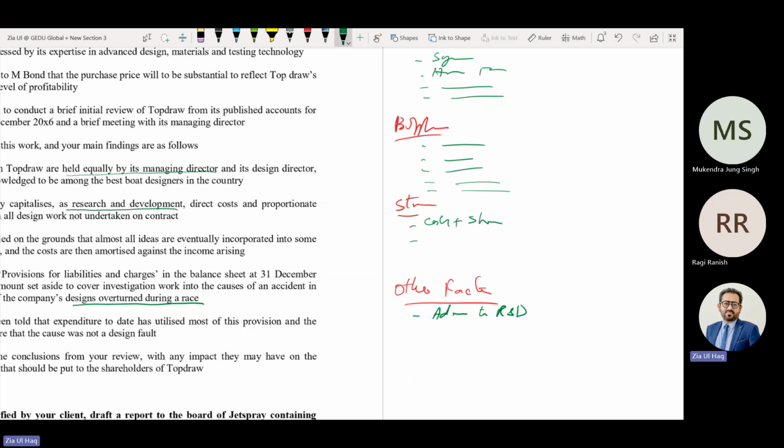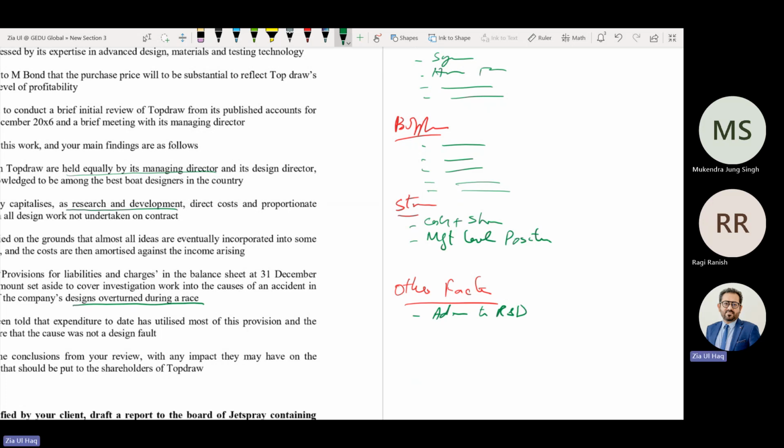And these directors of TopDraw should be given management level positions, because sometimes people remain in one organization due to the position, due to the power. If you don't provide them the power, the position, they could leave because they have worked as powerful persons before. Now, if you ask them to work under the pressure of any other person, they might not work.